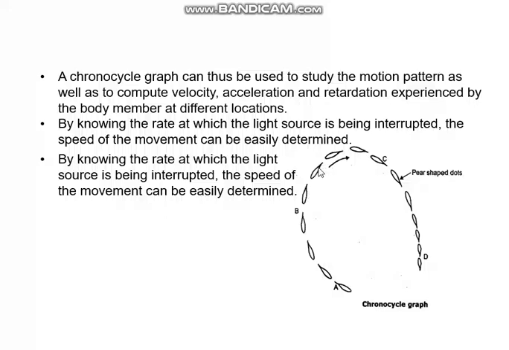The pointed end shows the direction of movement, and the closer the spots are, the slower the speed; the further apart they are, the more the speed. Here they are close, so the speed is reduced, but here the gaps are a little more, so here it was faster.